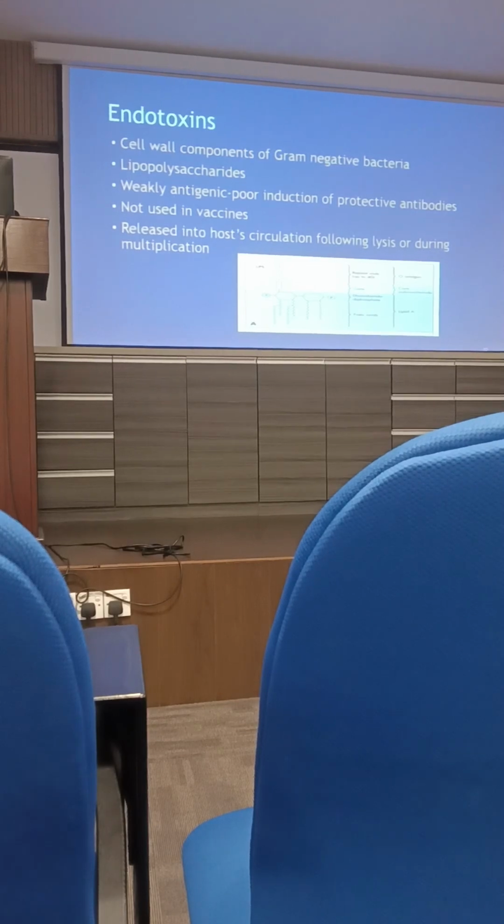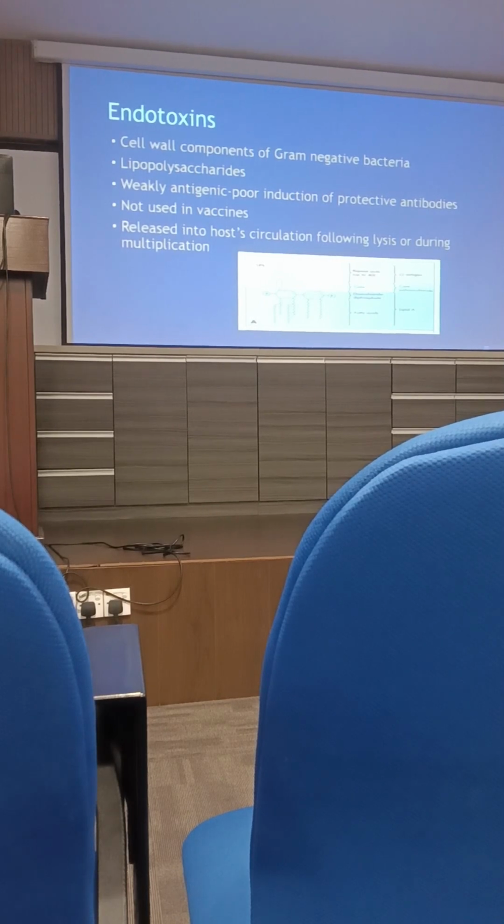Inside. Exo means outside. But endotoxin is in the cell wall, so how will you remember this? It's actually part of the bacteria, part of the outer cell membrane. Endotoxin is part of the bacteria. Exotoxin is a secreted toxin, released by the bacteria.